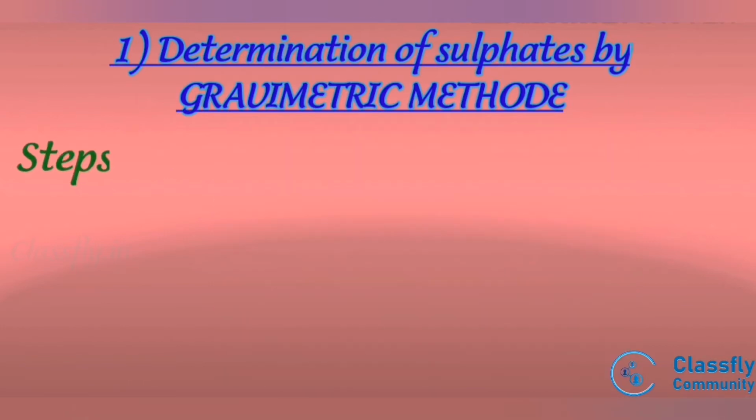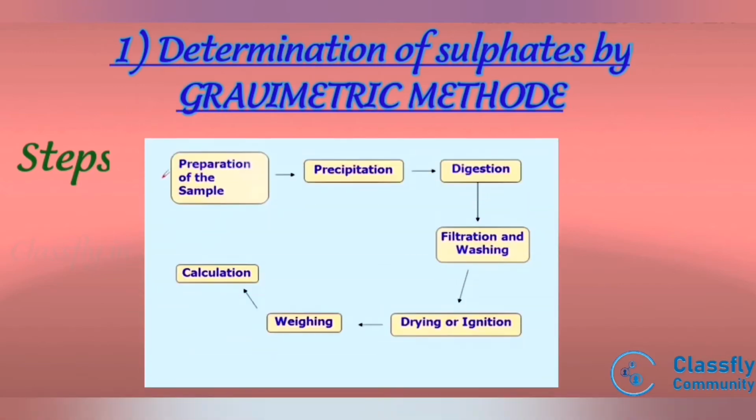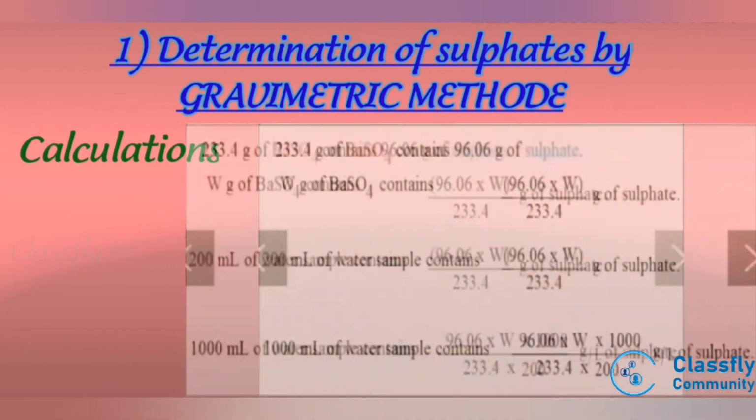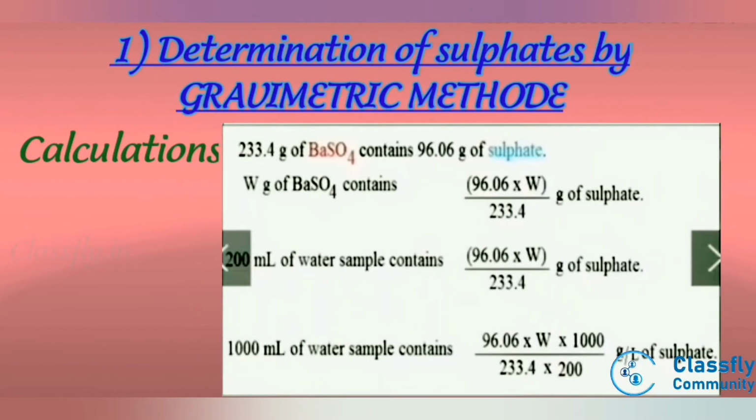Steps of gravimetric analysis: first one, preparation of sample, then precipitation, digestion, filtration and washing, drying or ignition, weighing and calculation. Calculation: we have barium sulfate, but we want sulfate, that is SO4 2-. The molecular weight of barium sulfate is 233.4 gram and the molecular weight of sulfate is 96.06 gram.